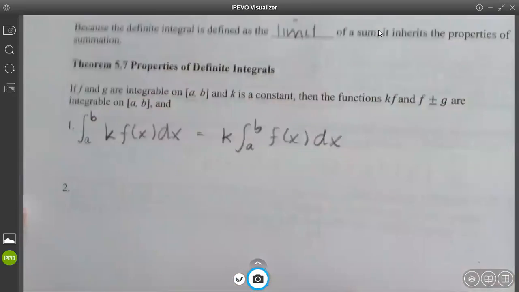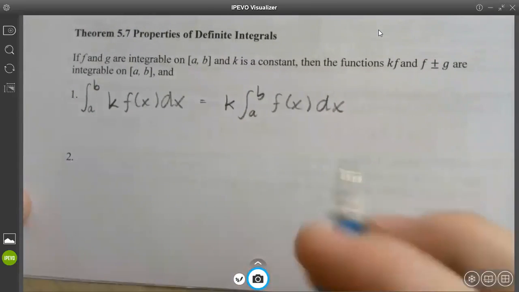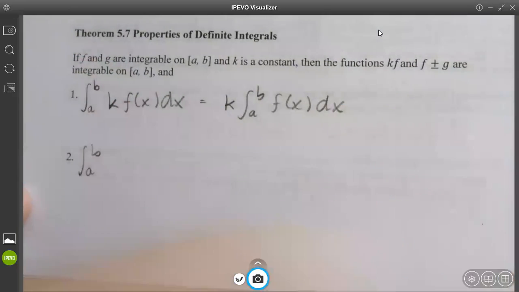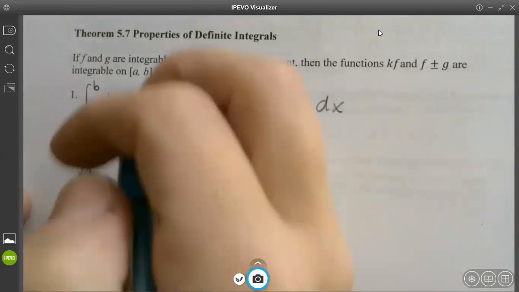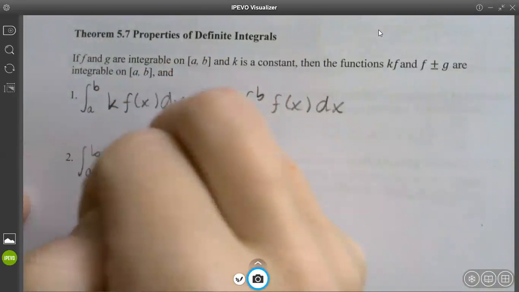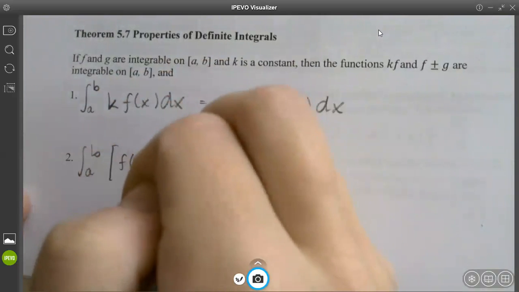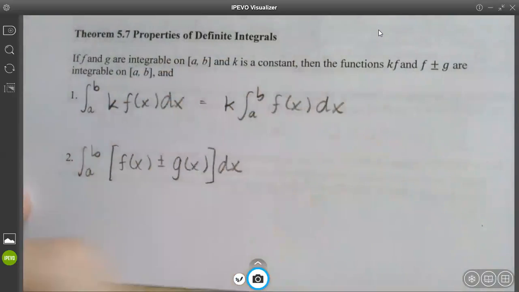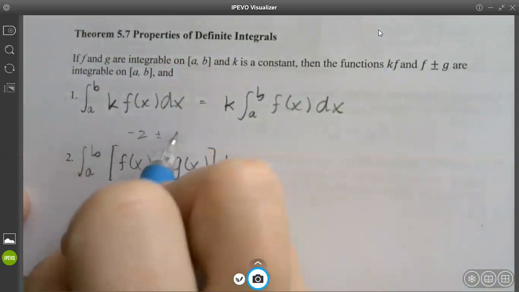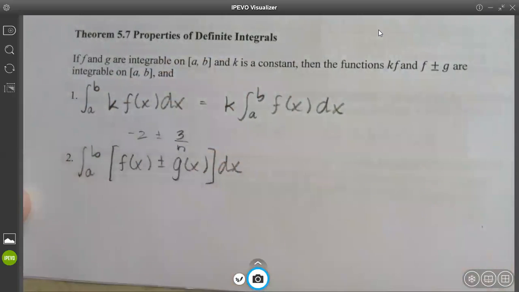So that's what that one says. Pull out the constant. We do our integration from a to b of f of x plus or minus g of x dx. So this is like we had that -2 plus or minus 3 over n.